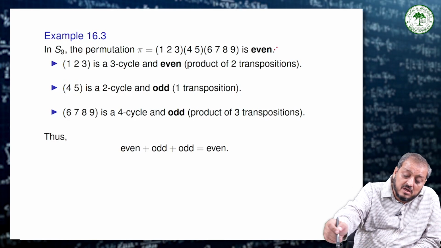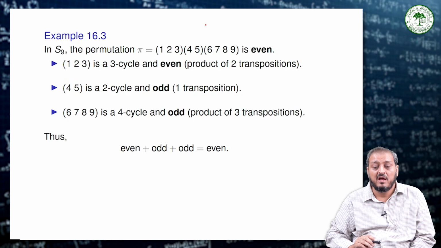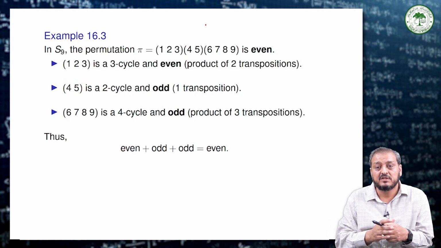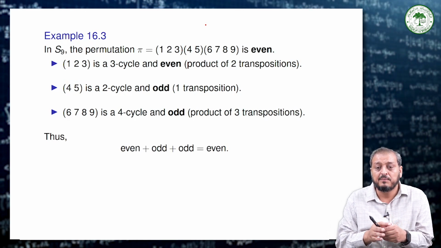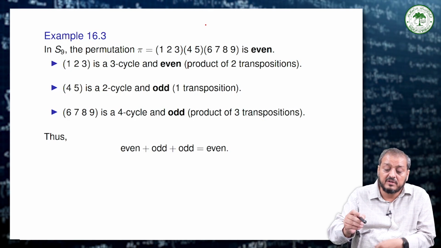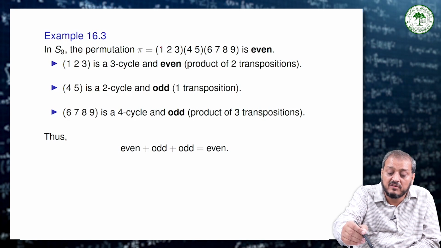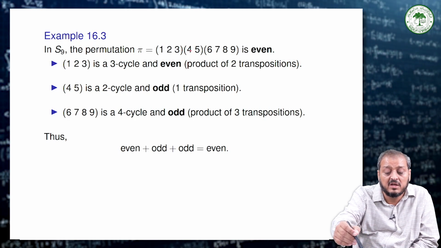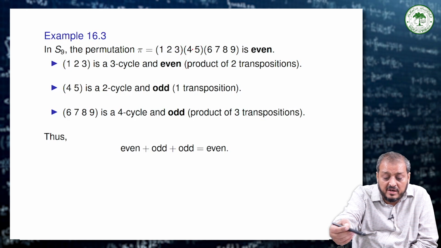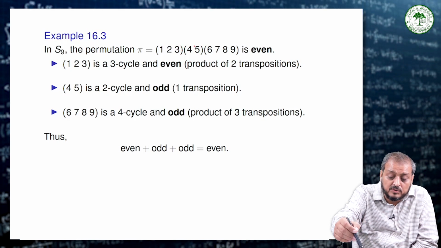So by this we can easily identify whether the permutation is even or odd. We simply write it in the form of cycles. The 3-cycle is a product of 2 transpositions, so it is even. The 2-cycle is 1 transposition, odd.